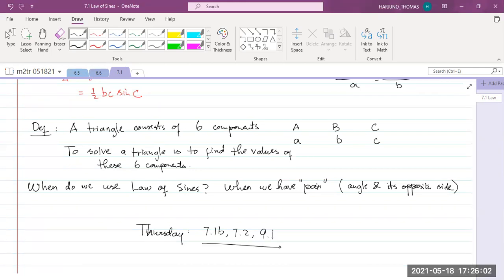That's what we'll do on Thursday. I skipped chapter 8. We will not do chapter 8. If I have extra time, then I will do chapter 10. That's what I plan to do. But we will not do chapter 8.